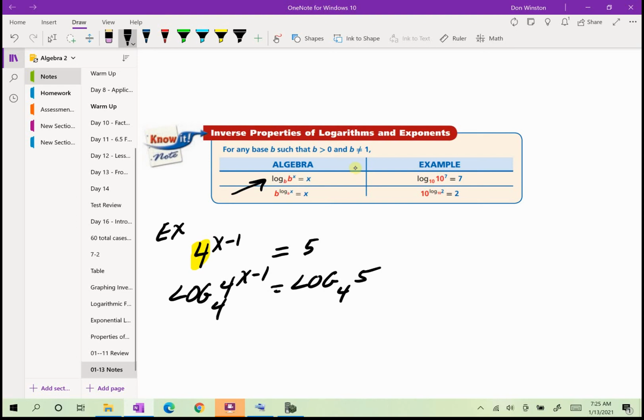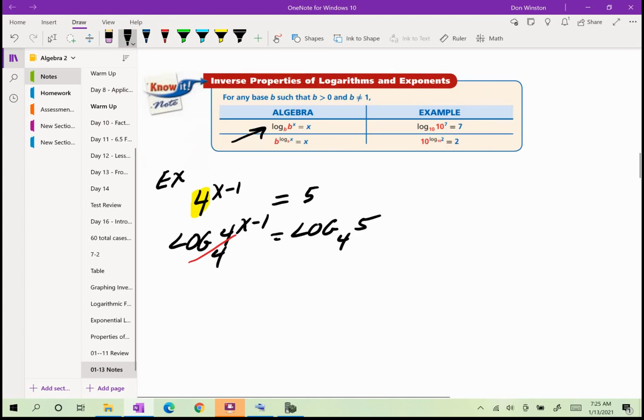Well, what does that do? Using inverse properties, log base 4 of 4 raised to the x minus 1 just equals x minus 1. Equals log base 4 of 5.